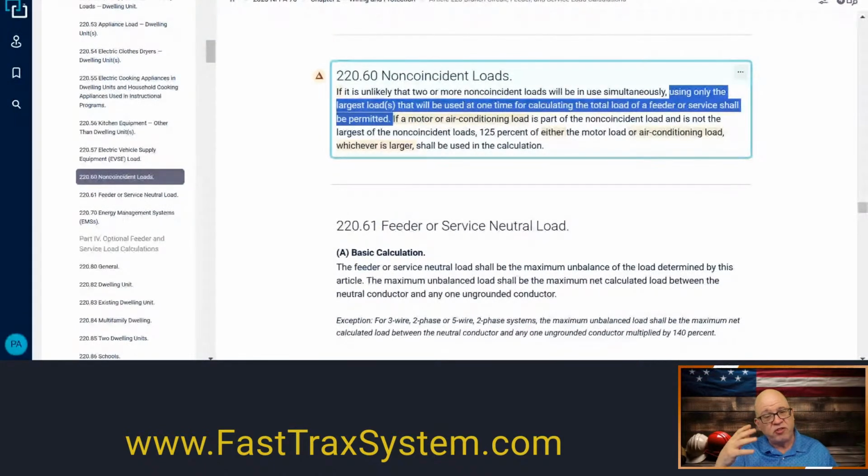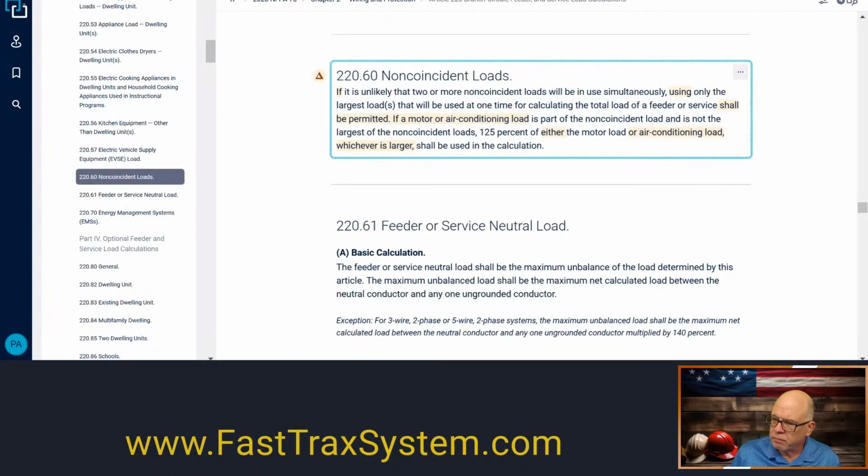Because if you size the circuits and everything to the larger, does it really matter if the larger is not running and the lesser's running? No, because you sized for the larger. It's already big enough to handle the lesser. That's why this rule is here. But again, it's only when they're likely to not be on at the same time. And so you have to put some kind of mechanism in play to make sure that doesn't happen if you're going to use this rule here.